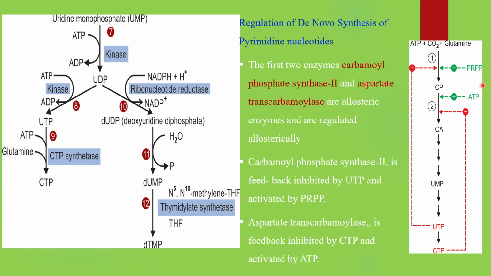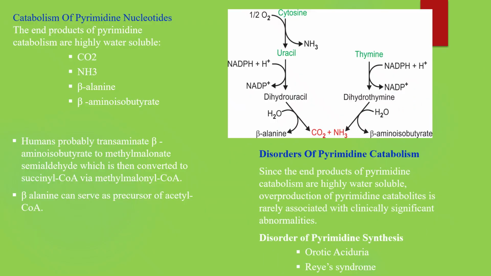So these two enzymes are allosterically induced and inhibited by these substances. Carbamoyl phosphate synthetase 2 is feedback inhibited by UTP and activated by PRPP. Similarly, aspartate transcarbamylase is feedback inhibited by CTP and activated by ATP. So this is the trend of regulation.